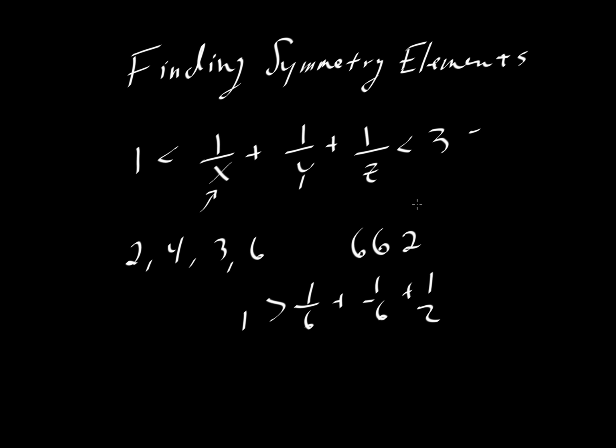Well, there are a couple of other rules that we can use. But first I want to show you how this kind of theorem reduces the number of possibilities of combinations we can have. So if we have 2, 3, 4, and 6-fold rotational axes, we have 4 things. Let's say we want to take them 3 at a time.